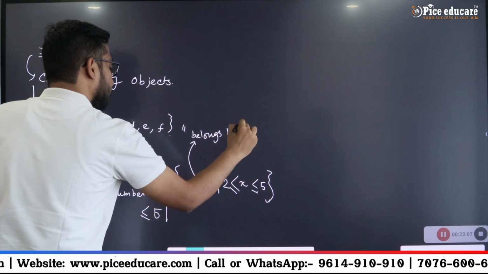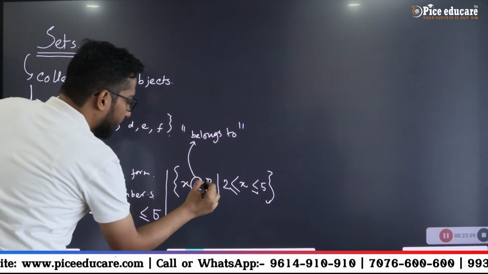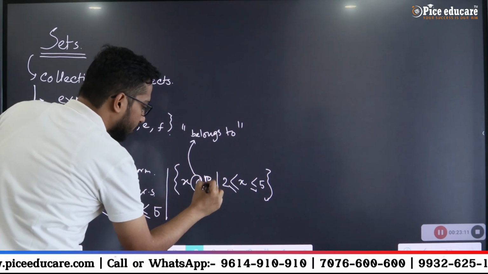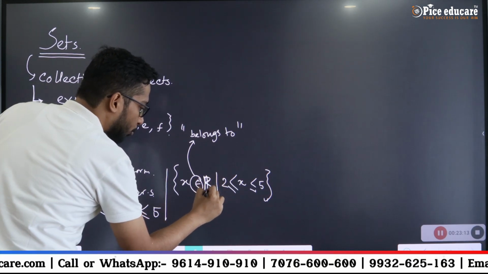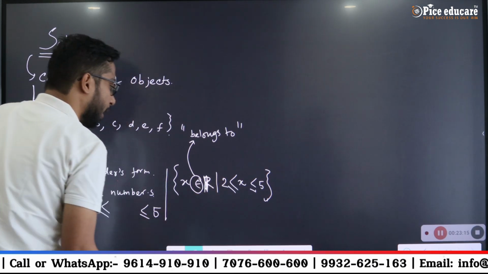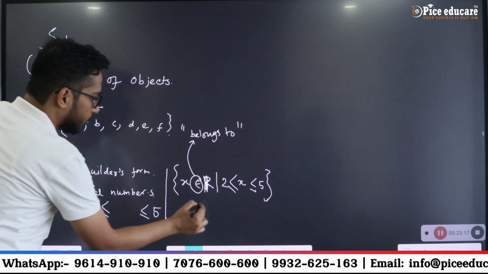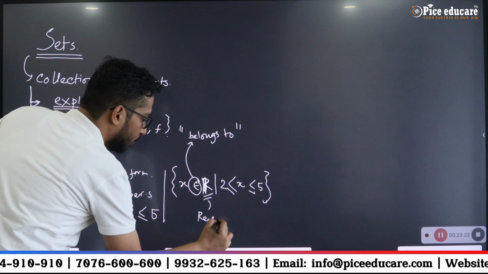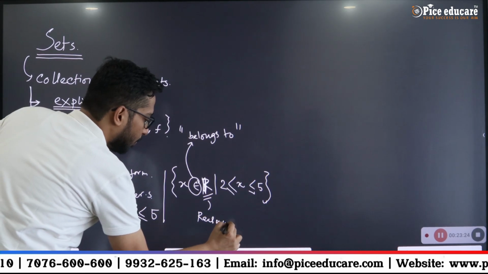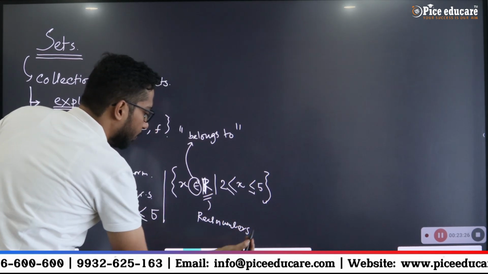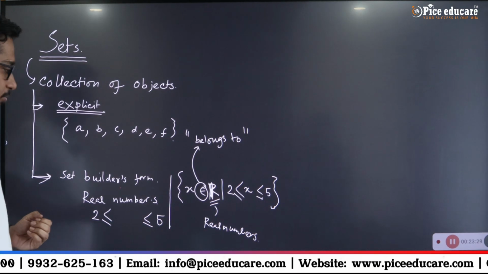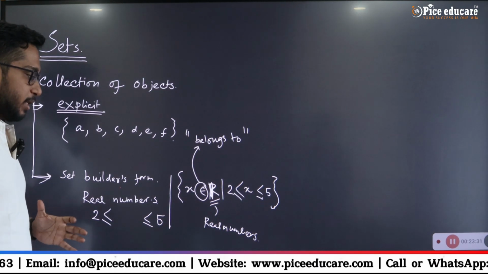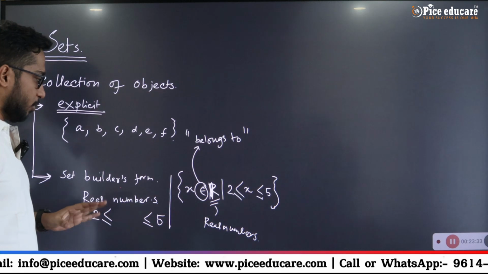And this R, the regular R that you have, and you put one extra vertical line here, this means real numbers. So integers, fractions, irrational numbers, everything comes under this one umbrella.